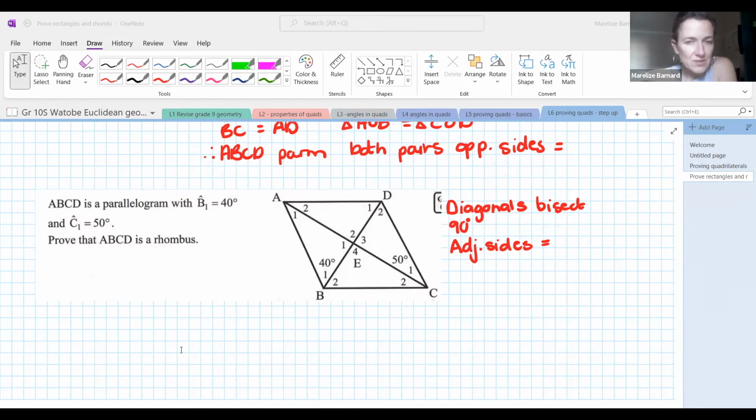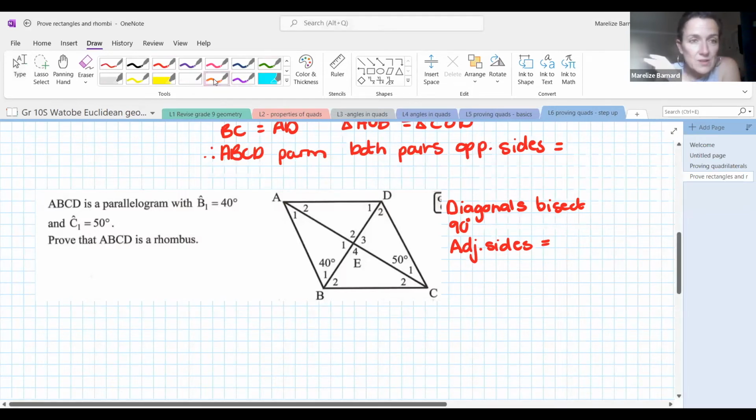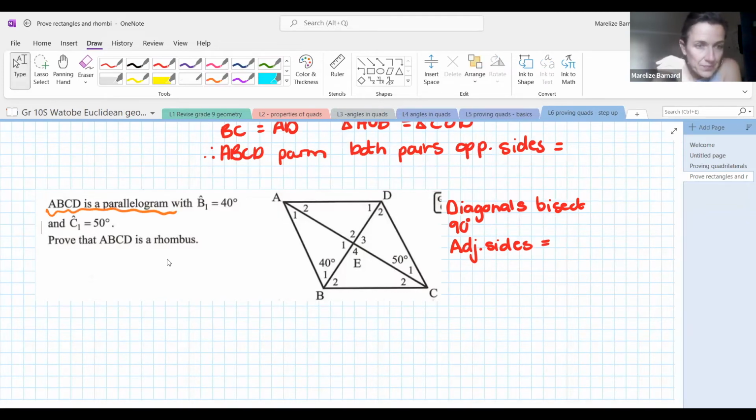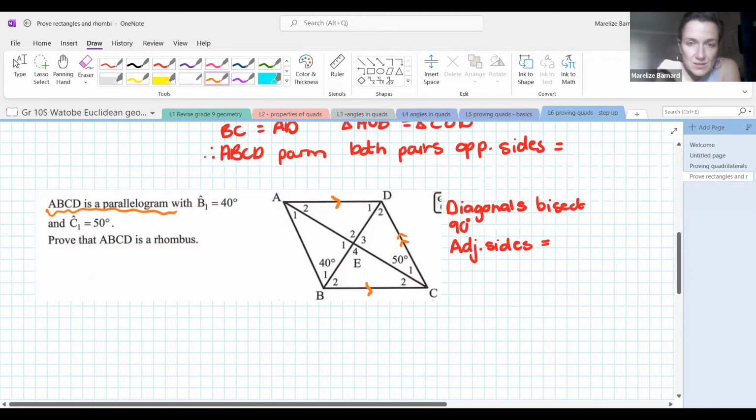Okay, so Sisipo says you guys are finding some angles and stuff, but I don't think anyone has a plan yet. So the first thing that you were meant to have done is to work with what is given. This is what is given. ABCD is a parallelogram. So what does that mean? I can fill in the properties of a parallelogram here. The opposite sides are parallel.